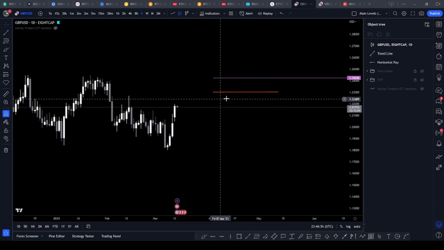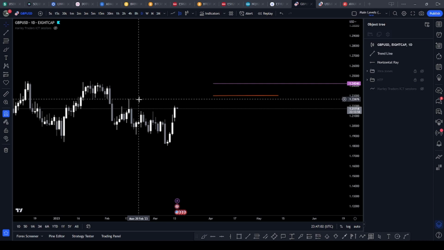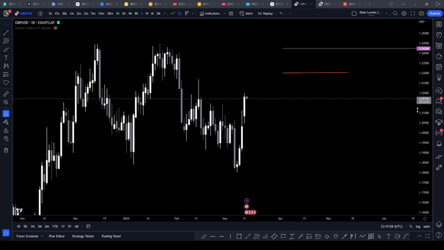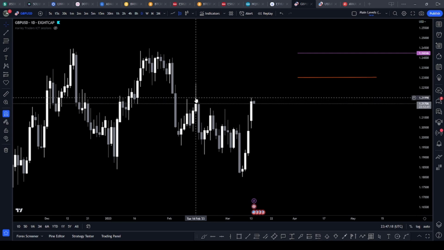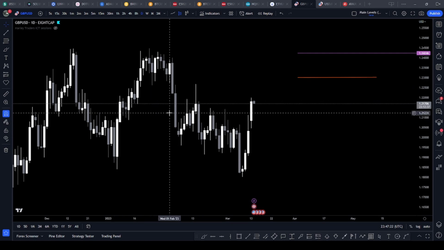It's not because it's advanced, but you need to understand how it works. Everything I'm saying here is by ICT. These extra levels, you see the wicks? The focus is the wicks, the fair value gaps, and the order blocks.